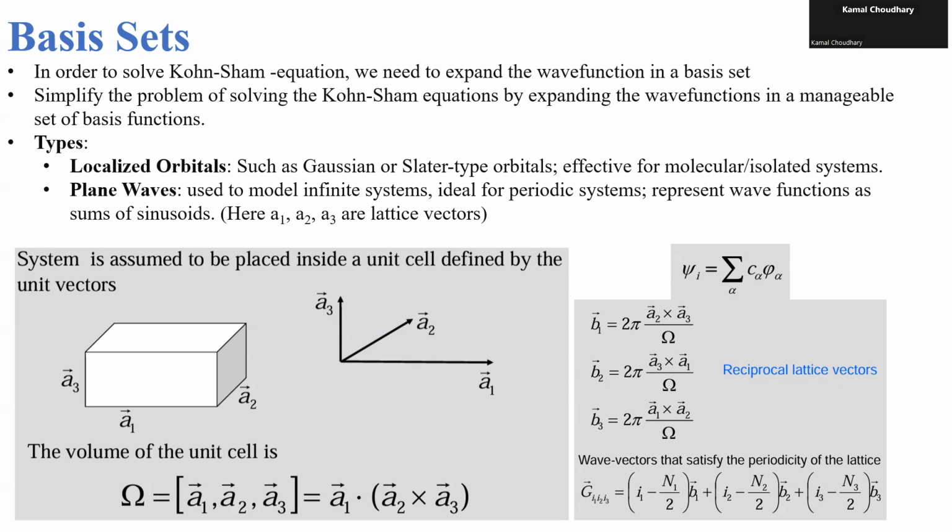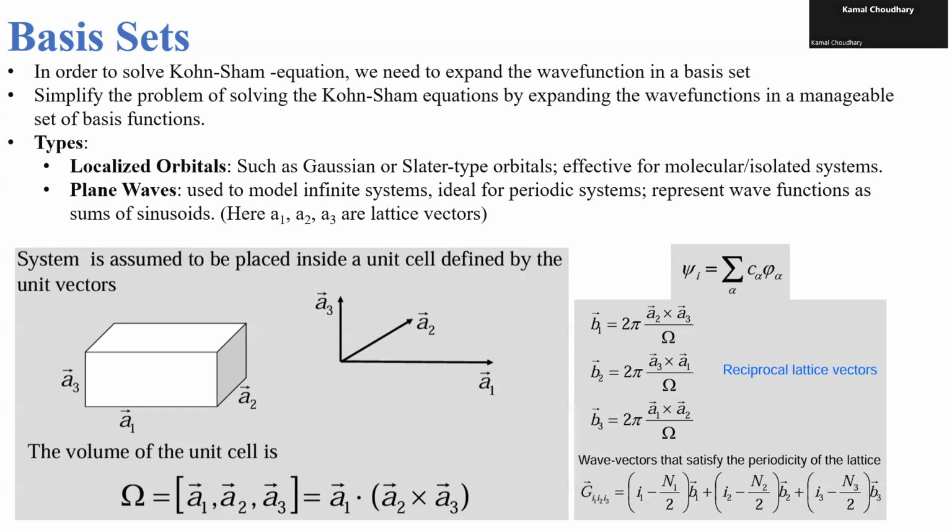In theory, any periodic material can be represented by its lattice vectors, A1, A2, A3. You can see here on your left-hand side, a system is assumed to be placed inside a unit cell defined by the unit vectors A1, A2, A3. The volume is given by this equation on the left.